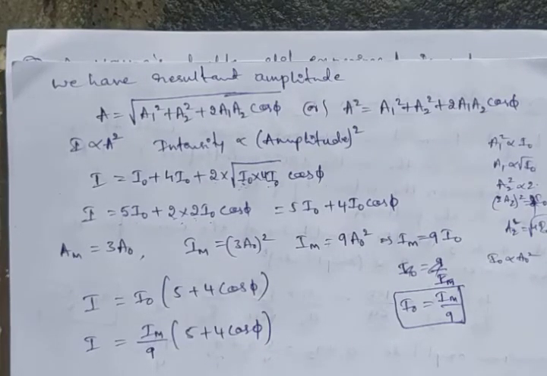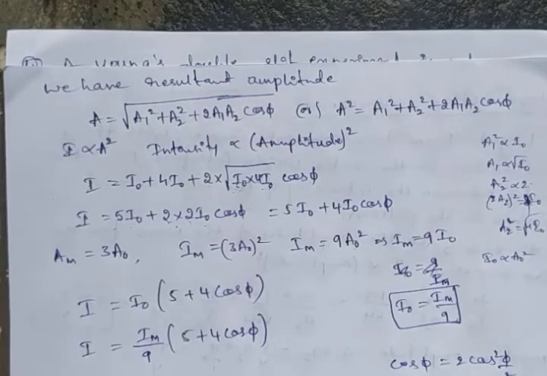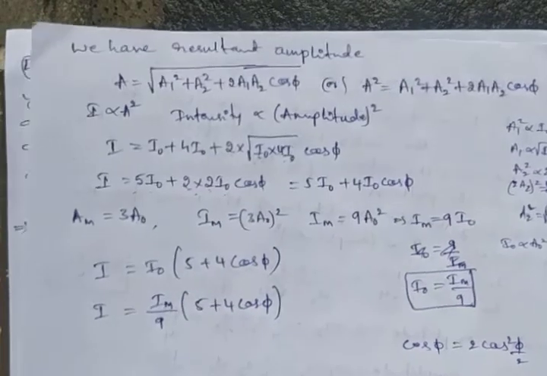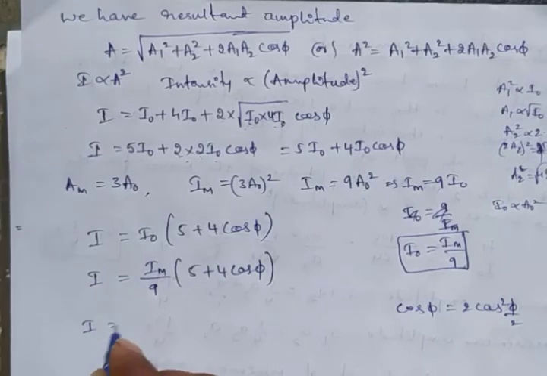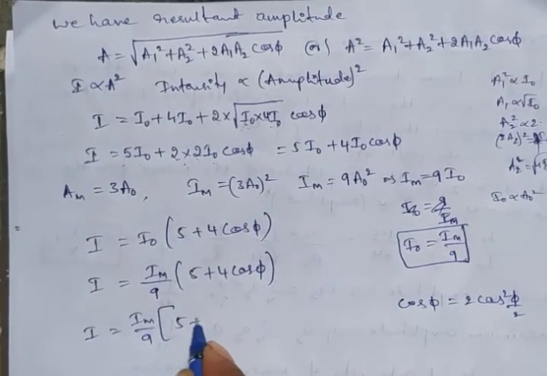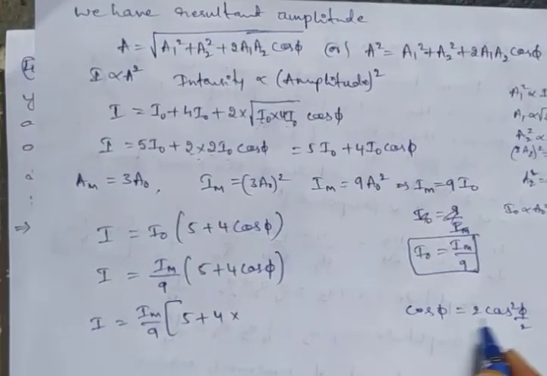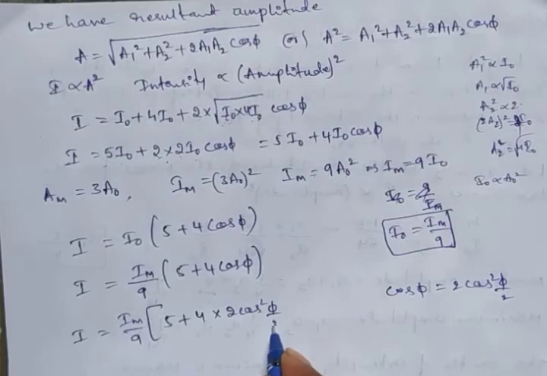This cos pi we can also write as 2 cos square pi by 2 according to the submultiple angles formula. So just substitute: I is equal to I m by 9 into 5 plus 4 into 2 cos square pi by 2.